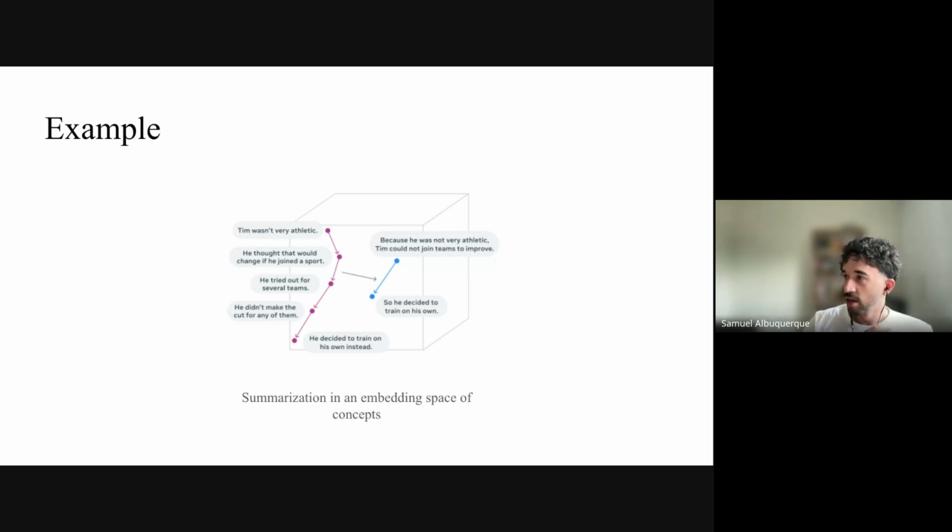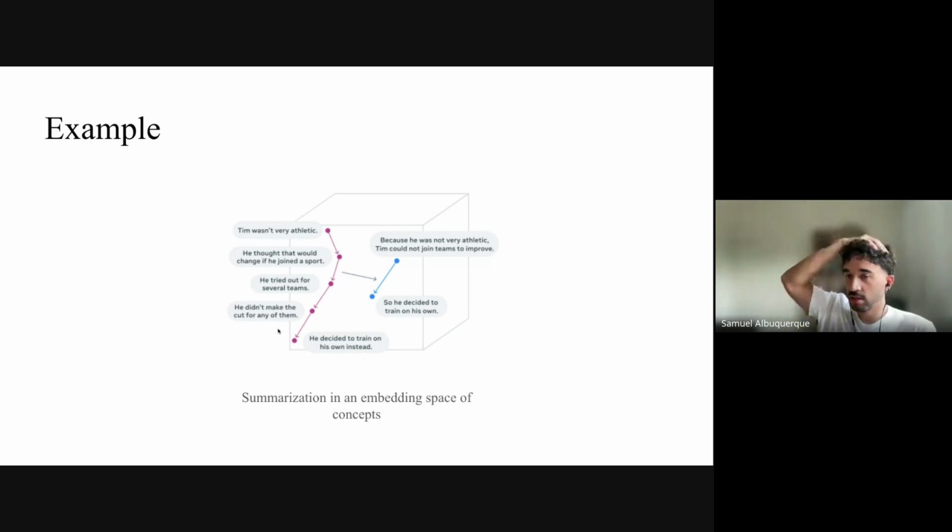Having said that, here's an example of a summarization task that they present in the paper about how summarization would work in this embedding space of concepts. You have this short story here about Tim, who wasn't very athletic. He thought that would change if he joined a sport. He tried several teams. He didn't make the cut for any of them, so he decided to train on his own.